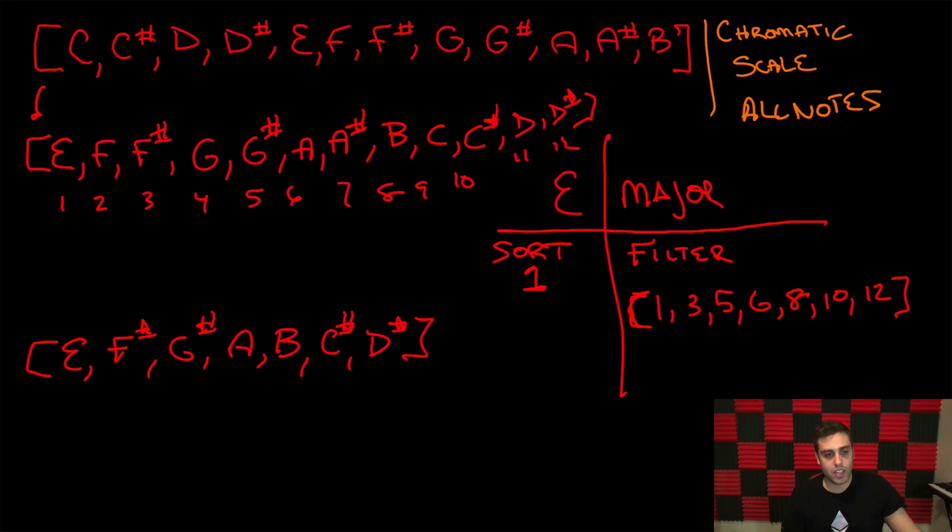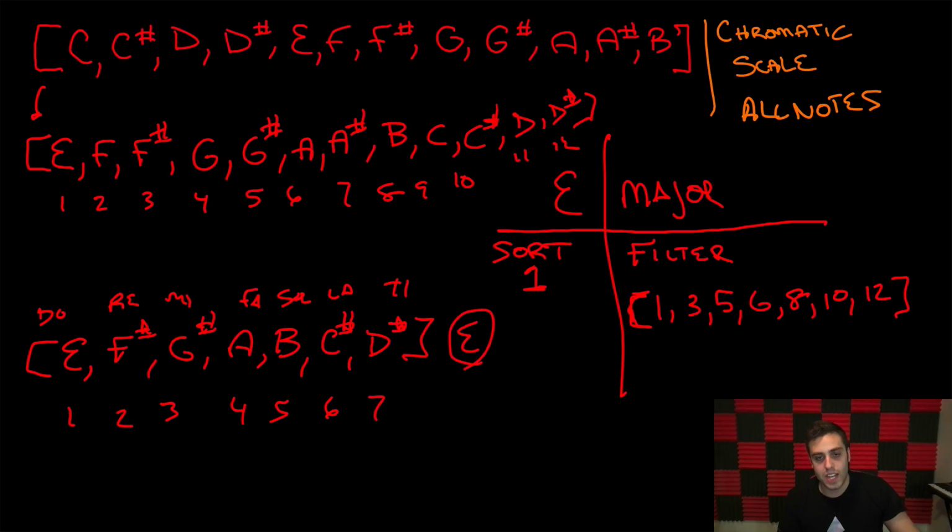And this scale here, which is also ordered and all the elements also have indexes, this 7-length scale is the E major scale. And the E major scale, or any major scale of length 7, is what you hear when people sing do, re, mi, fa, sol, la, ti, and then E in the next octave would be the do again. So you're familiar with that concept of 7-length scales.